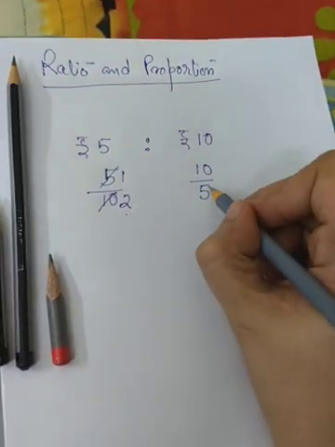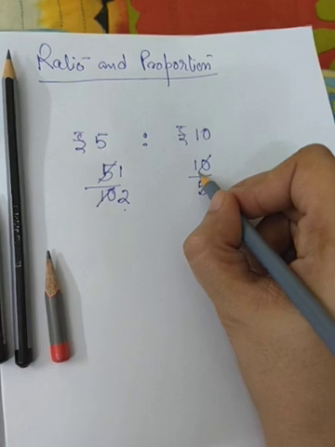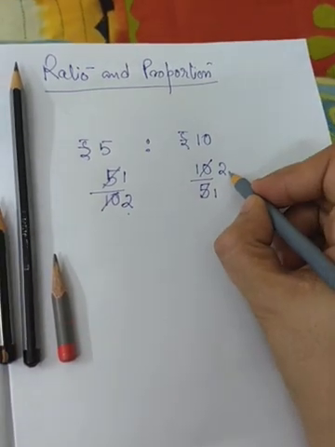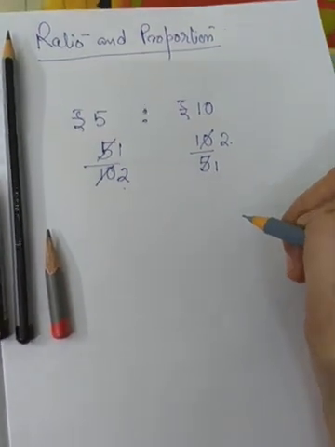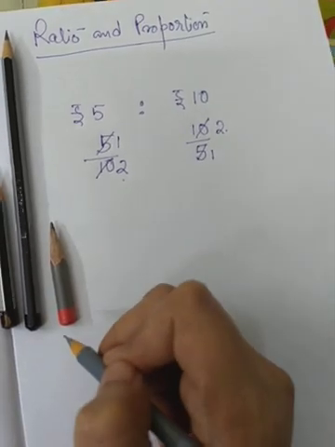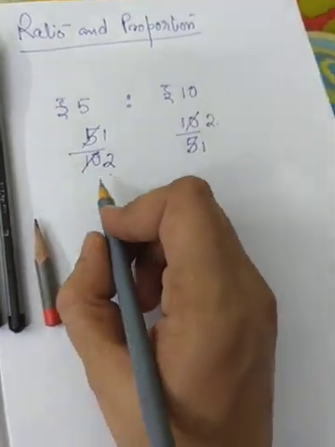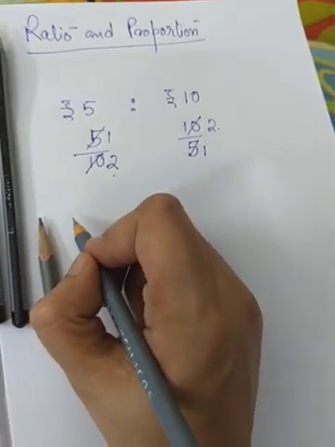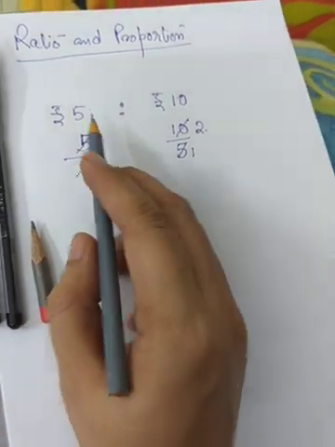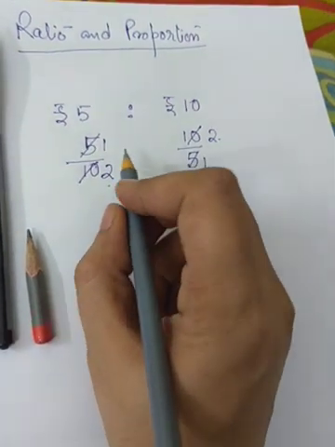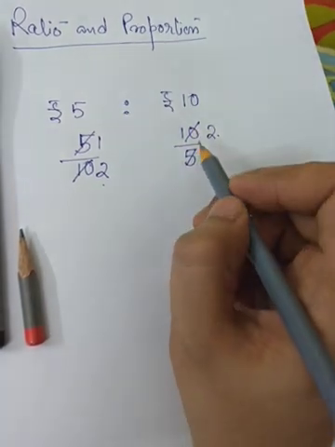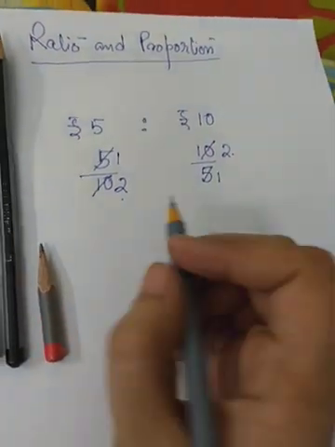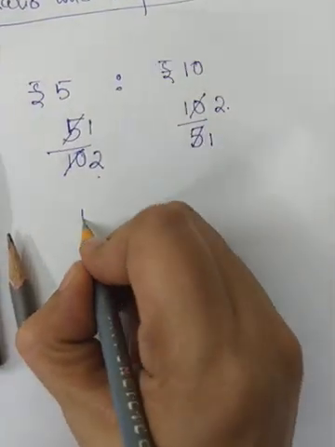If we cancel out, 5 ones are 5 and 5 twos are 10. So you have double the amount what I have. So the ratio here will be 1:2. How come? It will be 1:2.